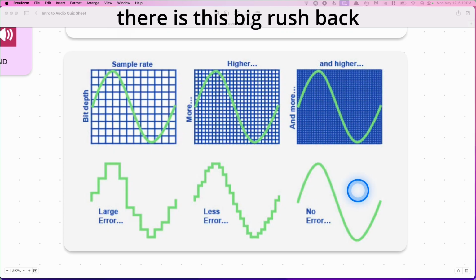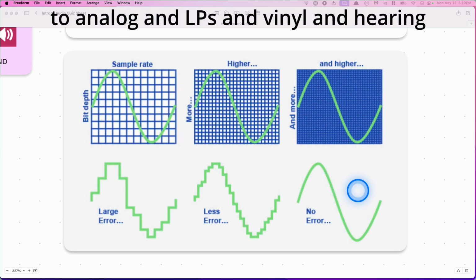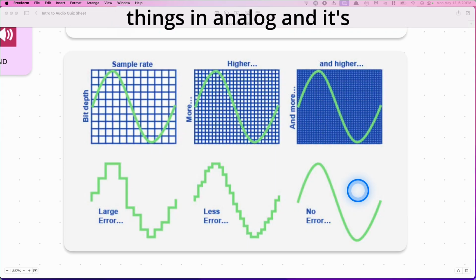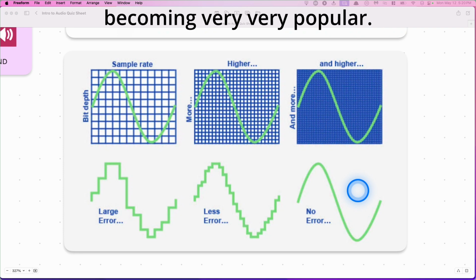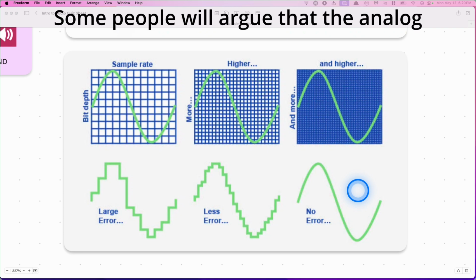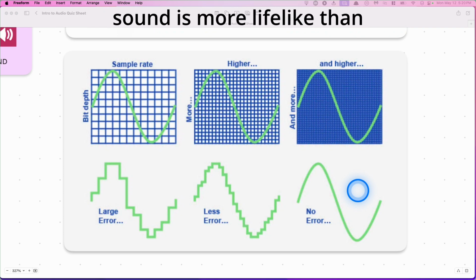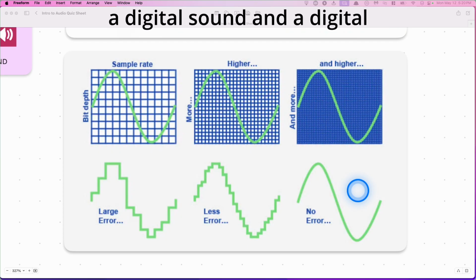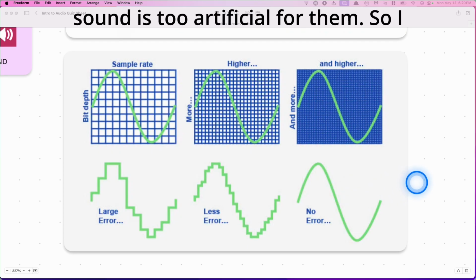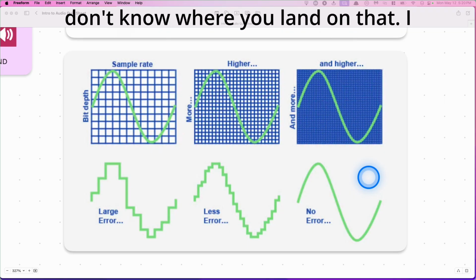Now, of course, there is this big rush back to analog and LPs and vinyl and hearing things in analog, and it's becoming very, very popular. Some people will argue that the analog sound is more lifelike than a digital sound, and a digital sound is too artificial for them. So I don't know where you land on that.